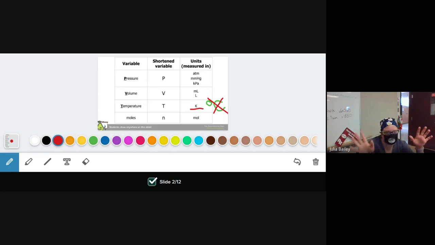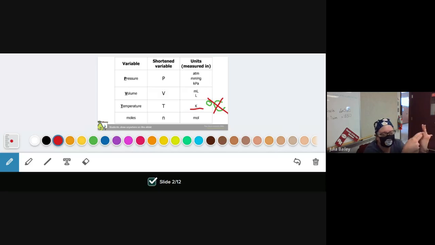So that's that. We've also got pressure, volume, temperature, and moles. There's this chart in your notes of what each unit measures, and I'm going to copy and paste that chart into the chat as well, where pressure can be a unit called atmospheres, ATM, a unit called millimeters of mercury, mmHg, or a unit called kilopascals.